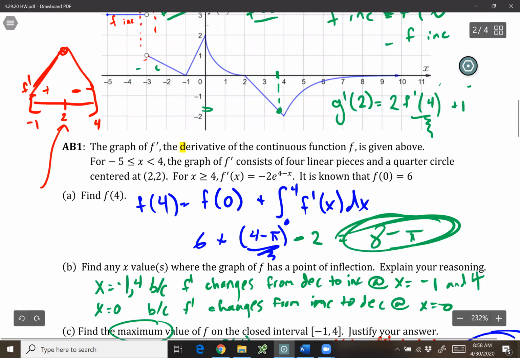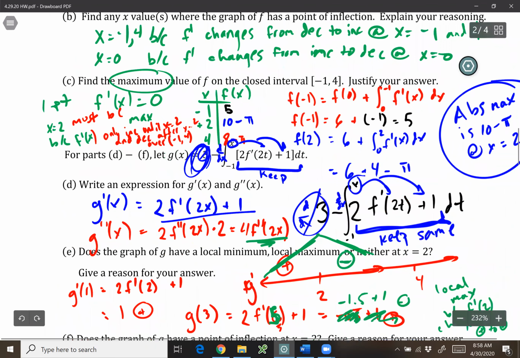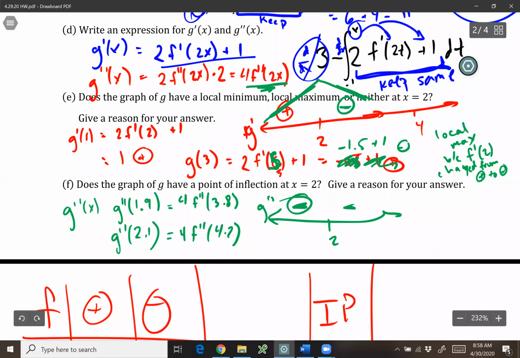And again, 4.2 is a negative. So no, because G double prime of x does not change signs. And if you want to say it's negative before and after, that's okay, at x equals 2.